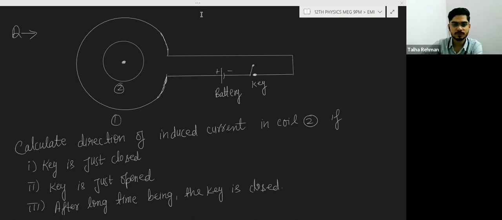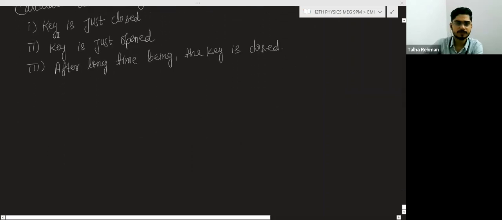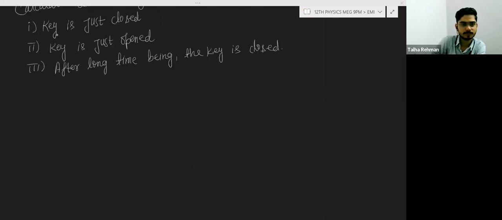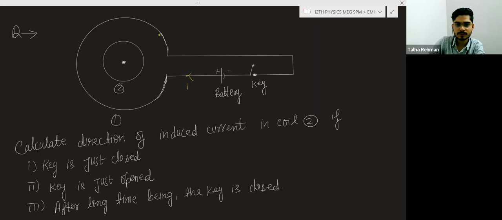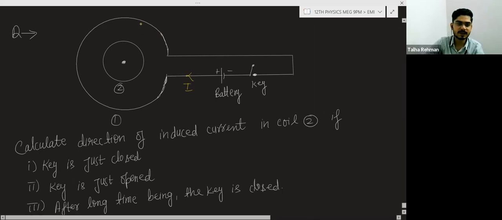Okay. So now see, first part. What will be the direction when the key is closed? When you close this key, this will become a closed circuit, and here is a battery. Due to this battery, the current will flow in this coil like this.